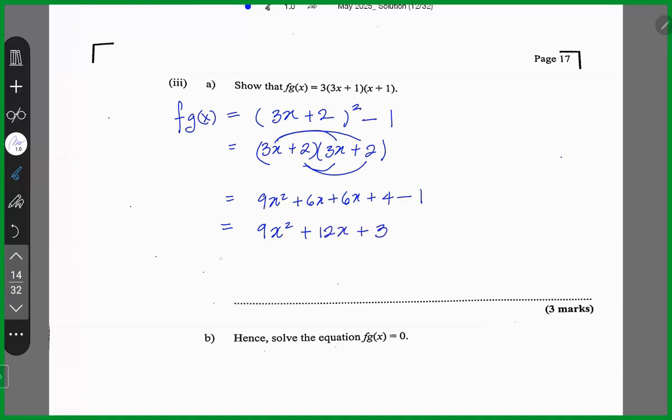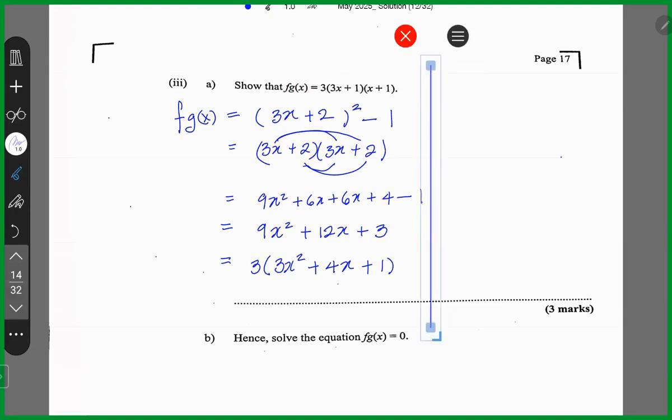Immediately I can see that 3 is a common factor. 3 into 9x squared is 3x squared. 3 into 12x is 4x. And 3 into 3 is 1. So to finish, to get my answer, I need to factorize 3x squared plus 4x plus 1.